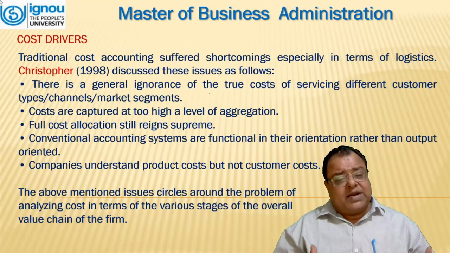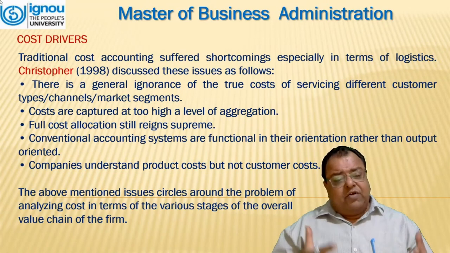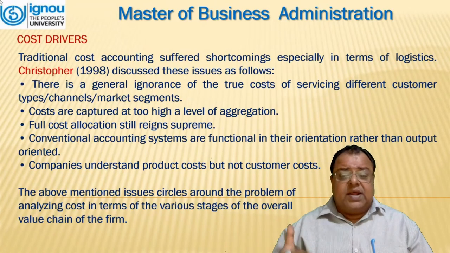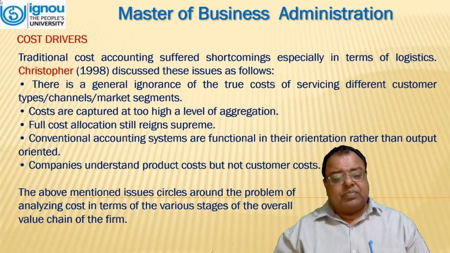Costs are captured at too high a level of aggregation. Full cost allocation is still very sobering. Conventional accounting systems are functional in their orientation rather than output oriented. And companies understand product cost but not customer cost.